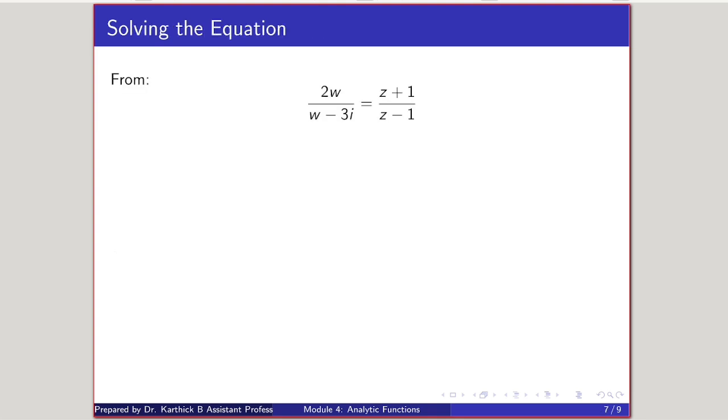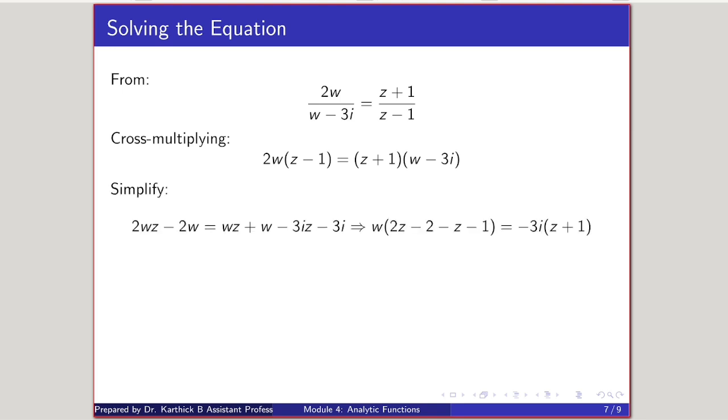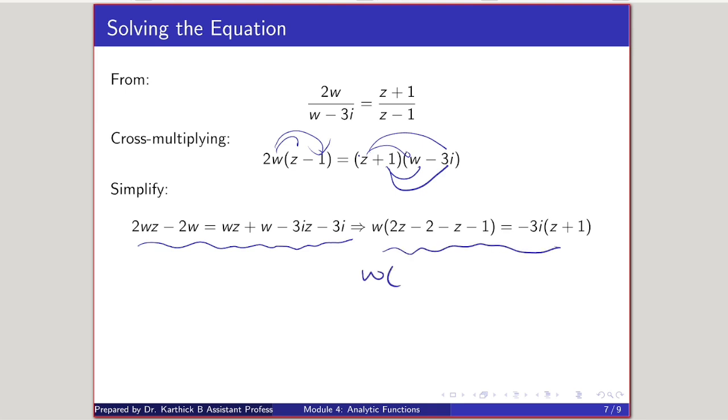On the next step, this is the last formation we did, and we do a cross multiplication and multiply all the terms. Then finally, on simplification, w times (2z minus z), which is z, minus 2 minus 1, which is minus 3, equals minus 3i (z plus 1).